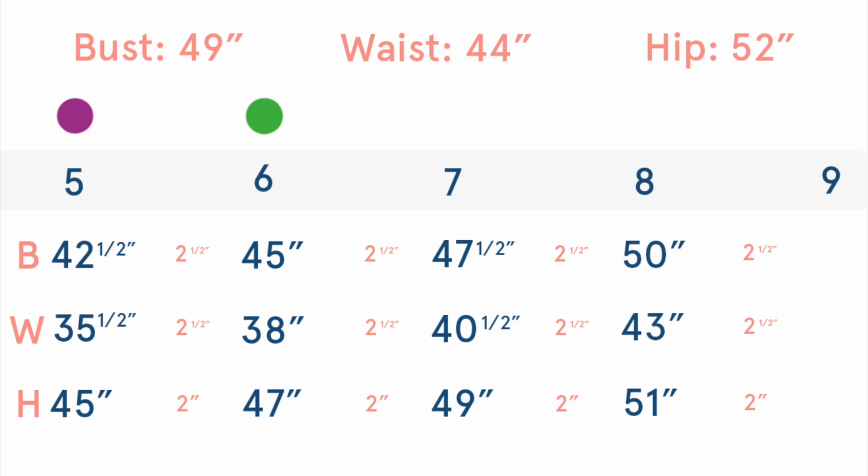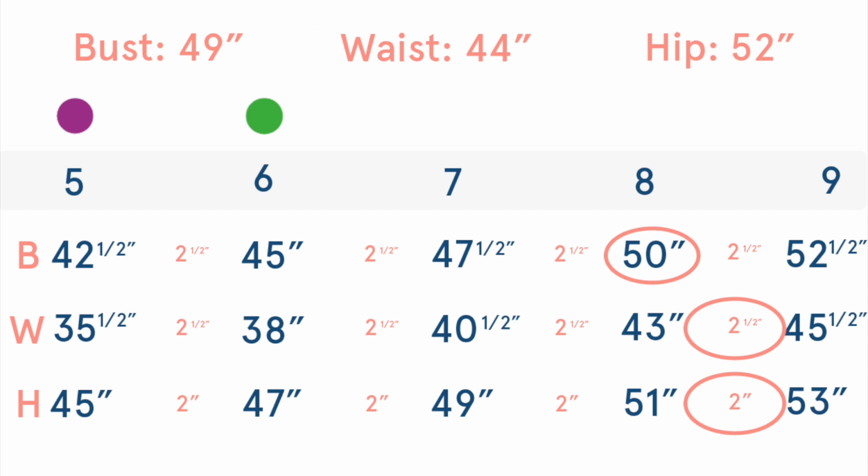But unfortunately, the waist and hip is still slightly too small. So we're going to increase this again to get to a size 9. And the size 9 gives us 52.5 inches at the bust, 45.5 inches at the waist, and 53 inches at the hip.